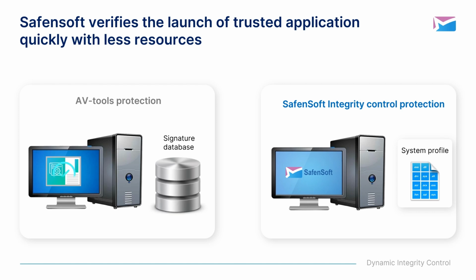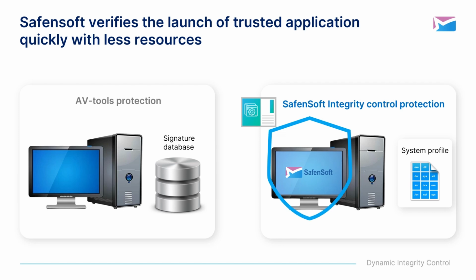Everything is okay and the AV lets the process start. How does SafenSoft work in this situation? When the process is starting, it checks the control sum from the profile, and if it matches, it also lets the process start. The result is the same, but the efforts are different.